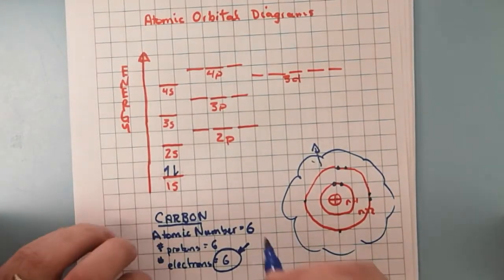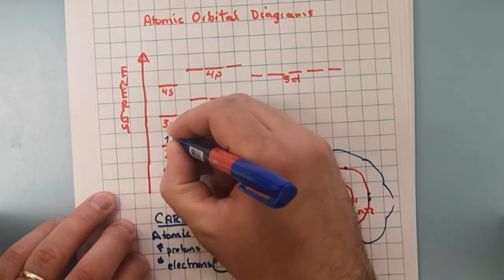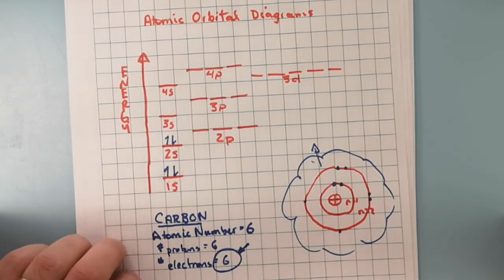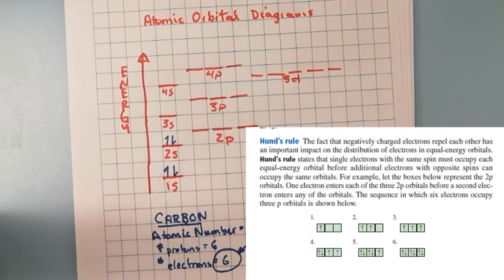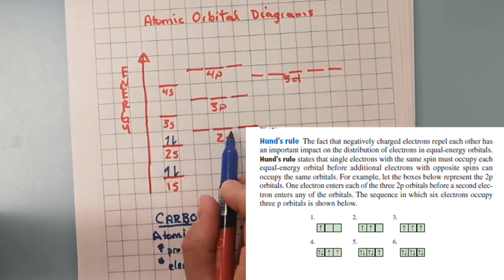Let's continue. We have 2 electrons of 6 drawn. We have 4 electrons drawn. Perfect. 2 left. This is where Hund's rule comes in. It says the fact that negatively charged electrons repel each other has an important impact on the distributions of electrons in equal energy orbits. So for example, in the 2p, there are 3 atomic orbitals, each of equal energy.